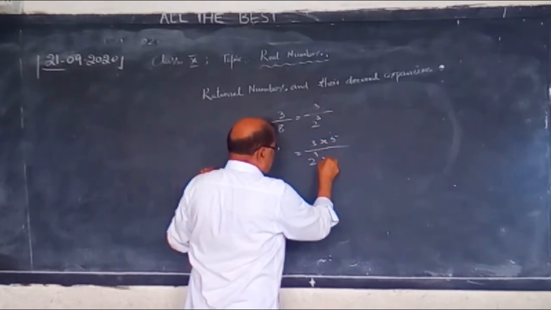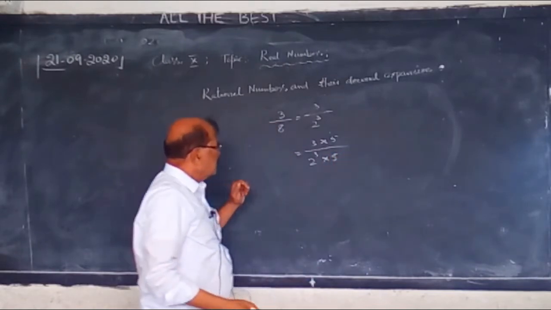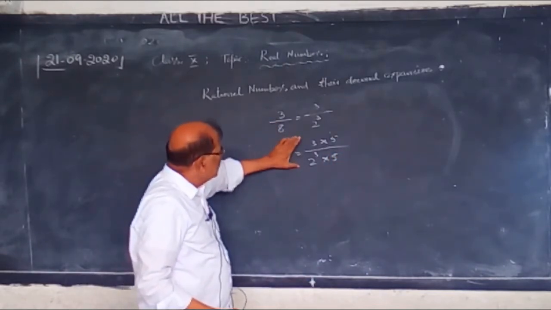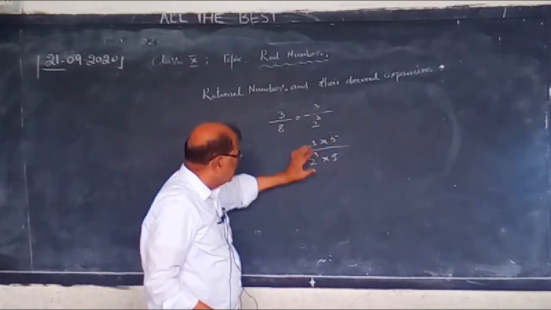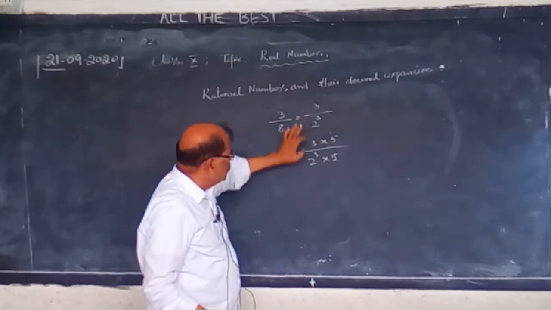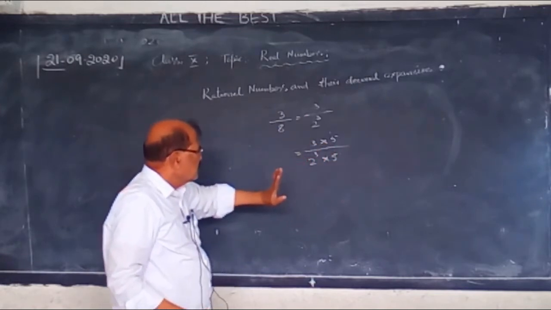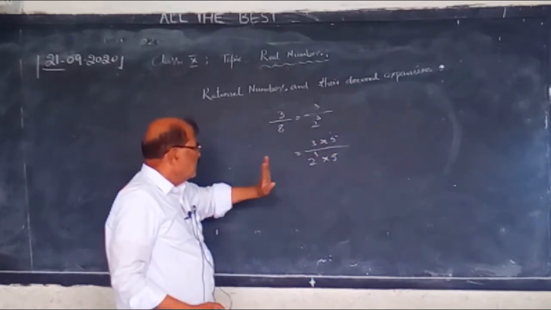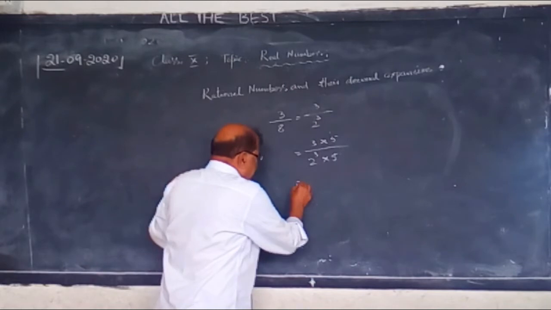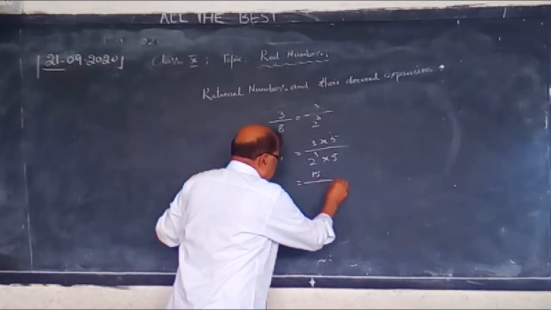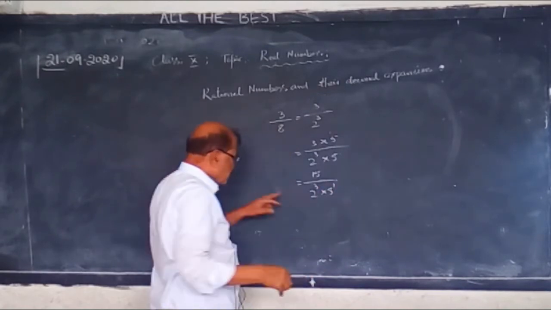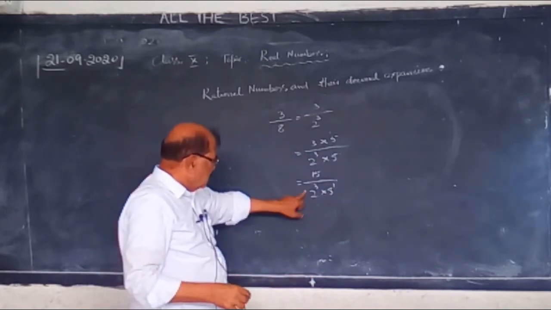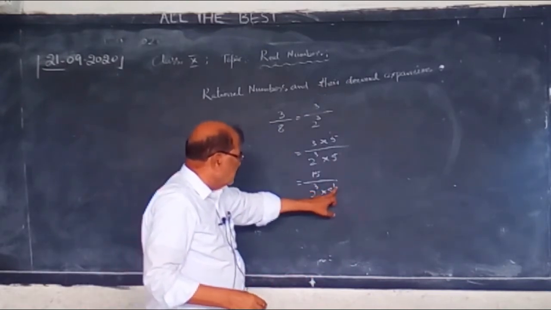So 2 cube into 5. I multiplied the numerator and denominator by 5, and the 5 cancelled, so you get 3 by 2 cube as it is without changing. By using this principle, now you are getting 15 by 2 cube into 5, which is 2 to the power of n into 5 to the power of m, with n equal to 1.